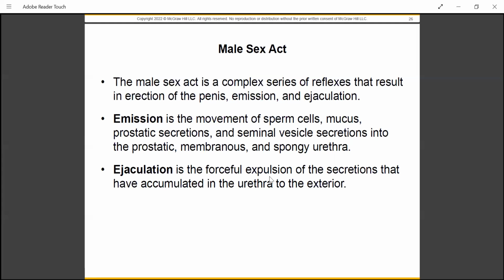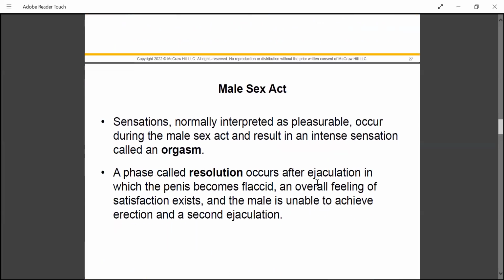We're going to get the secretions from our different glands, and the semen is going to be ready to enter the urethra. Ejaculation is when we actually get the expulsion of the secretions all the way through the urethra. So emission is when all of our semen is gathering and building up within the urethra and system. Ejaculation is when it's actually expelled.